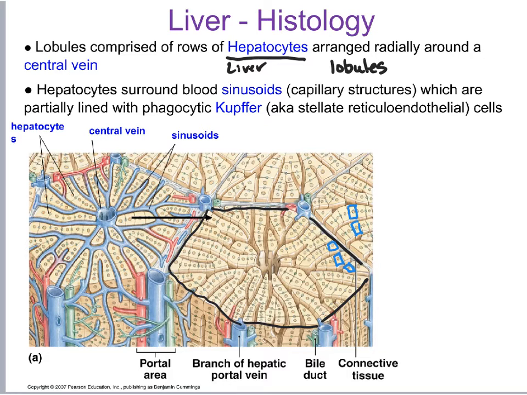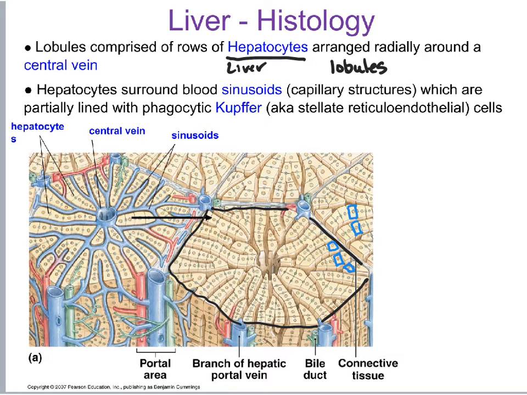The body's kind of got a fail-safe here, or a monitor in the liver, in that the blood that's being drained from the small intestines, that's going to be high in nutrients and anything else that's been absorbed, goes directly to the liver first. It makes a pit stop in the liver, and the liver is going to modify that blood.